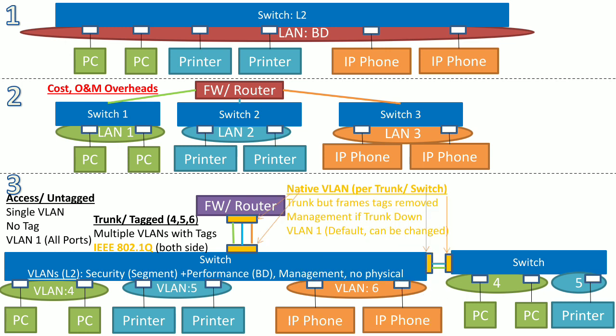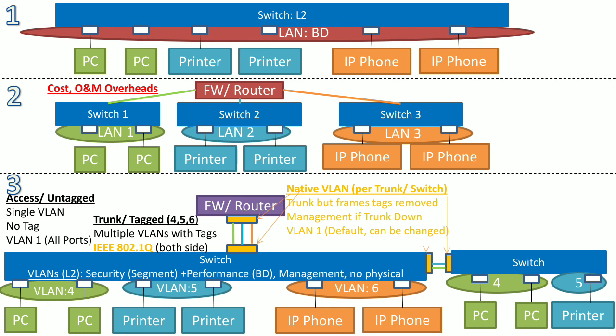Now there's another important concept of native VLAN. This native VLAN is defined on the trunk port on both sides, that is between both trunk ports on both switches, or between the trunk ports of the firewall or the router and the switch.